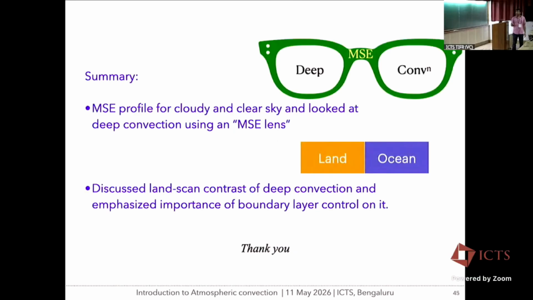So with this, I would conclude with two basic summaries of what we learned. We looked at deep convection through the lens of moist static energy. We saw that the cloudy skies have stronger moist static energy than clear sky, and clouds act to transport energy away from it.